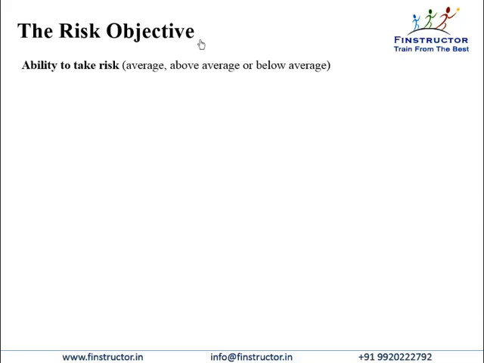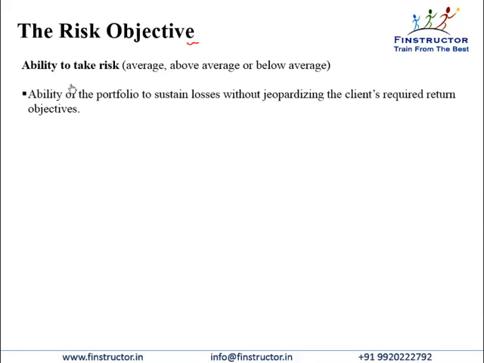Now for individual investors, in the risk objective section, we need to break it up into two parts. So we will answer it as the ability to take risk combined with the willingness to take risk. The ability can be average, above average, or below average.